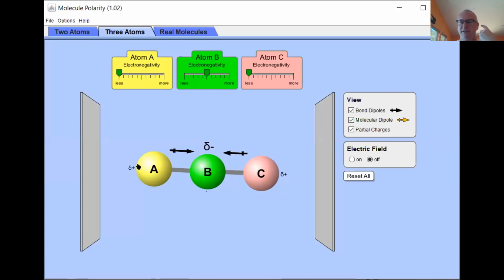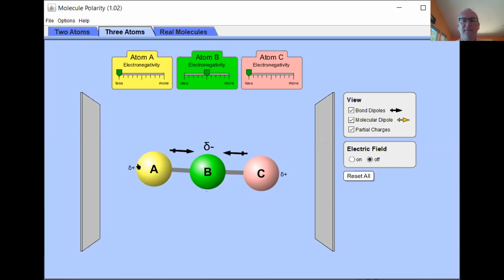So for instance, speed just tells us how fast something's going, but velocity tells us which direction it's going as well as how fast it's going. So it gives you more information. The same is true here. These dipoles have two things you need to take into consideration. One, how big they are, and two, what direction they're in.